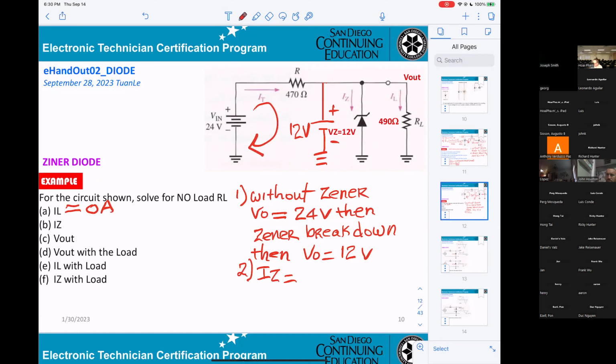Okay, so you take 24 minus 12, divide by 470.